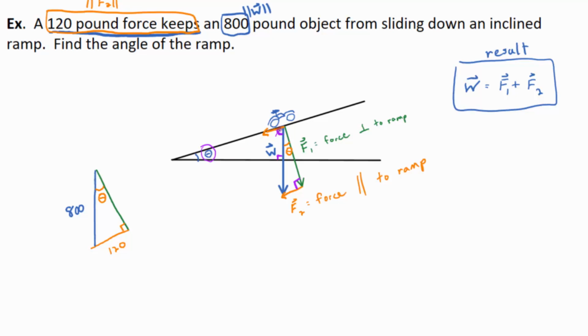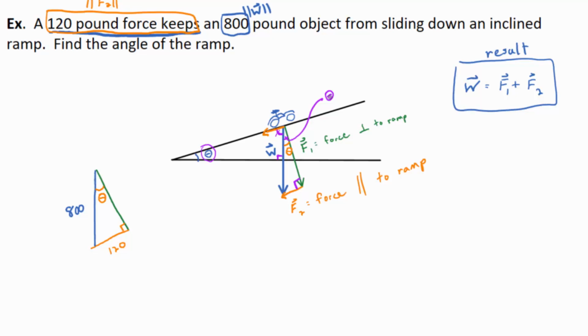And then this gets a little complicated, but this angle here has to be a right angle formed between the ramp and the vector in green. So this angle here then is the complement of the complement of theta, which is theta. So looking at that triangle, we have enough information in it to find theta.